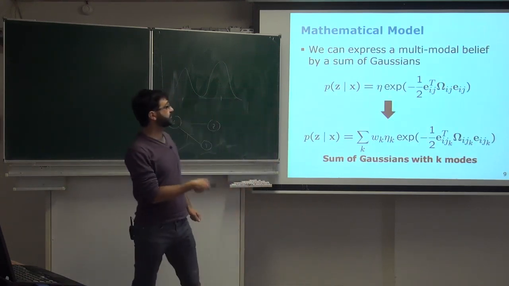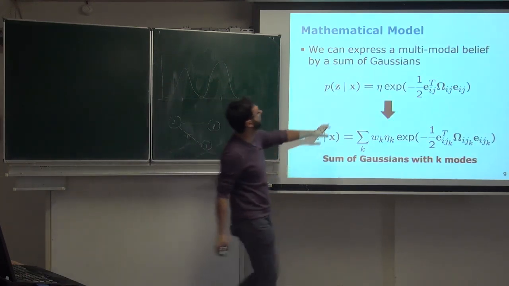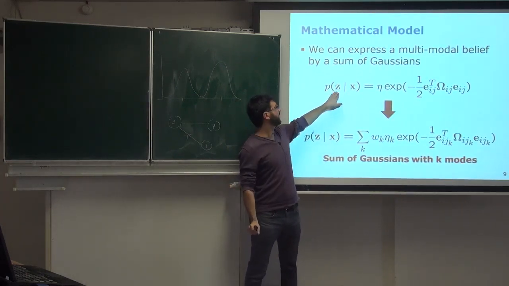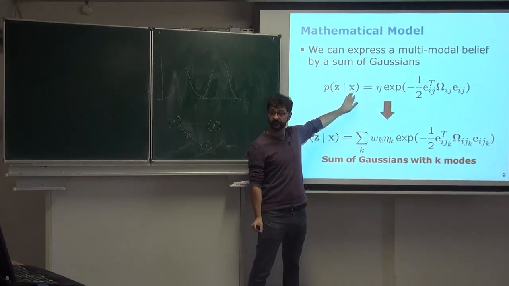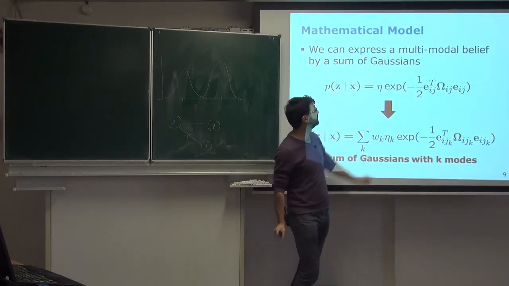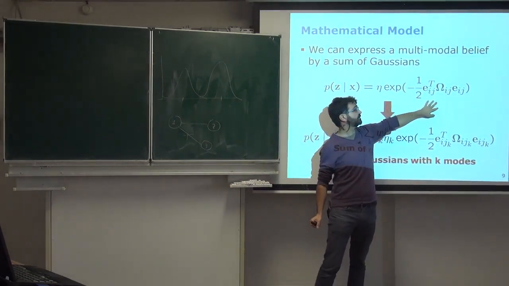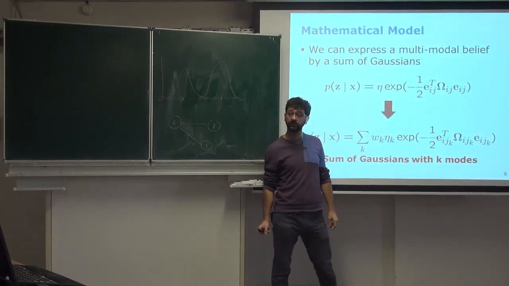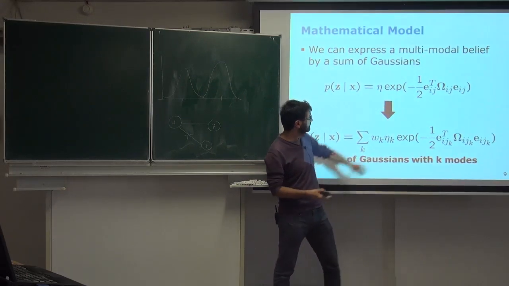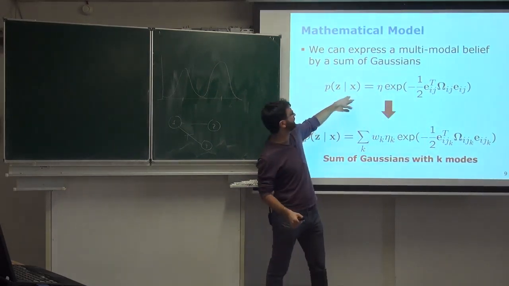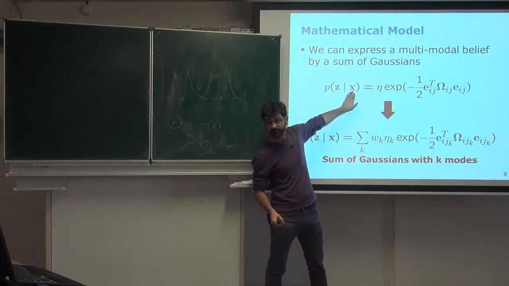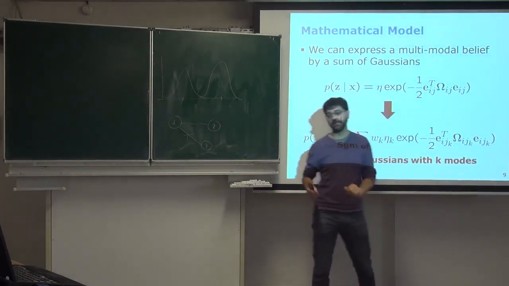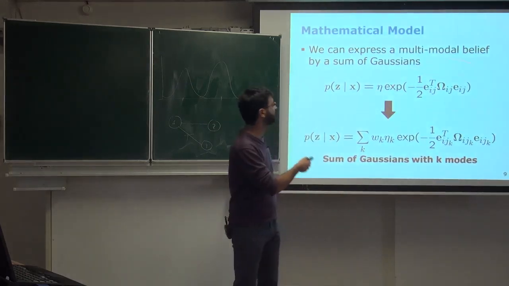So, the way to express it mathematically, this is the classic way we did before, no? We had a measurement Z, the state space X, and we said that this is modeled as a Gaussian distribution, no? So the E here is the error, and by this we mean the difference between the predicted measurement and the real measurement. We have our information matrix and the error again, no? So that's how we have done it so far.